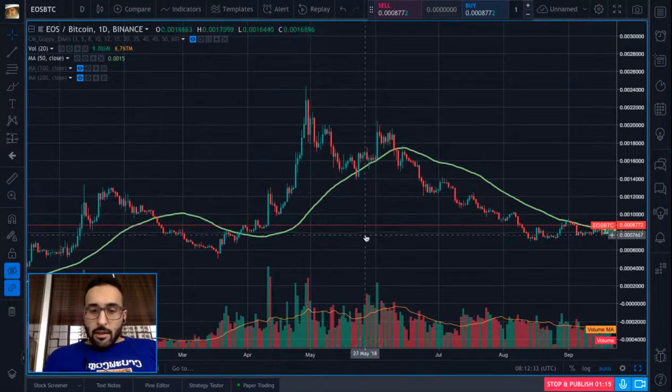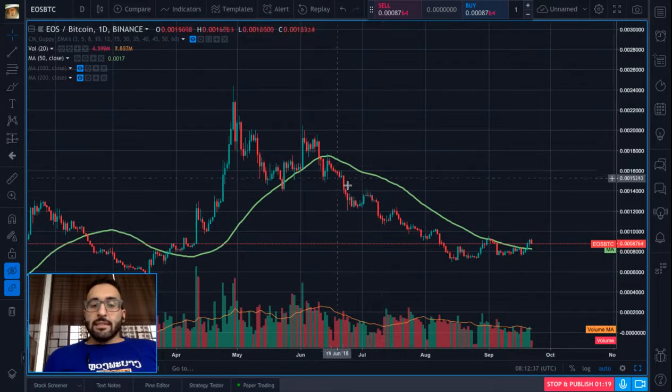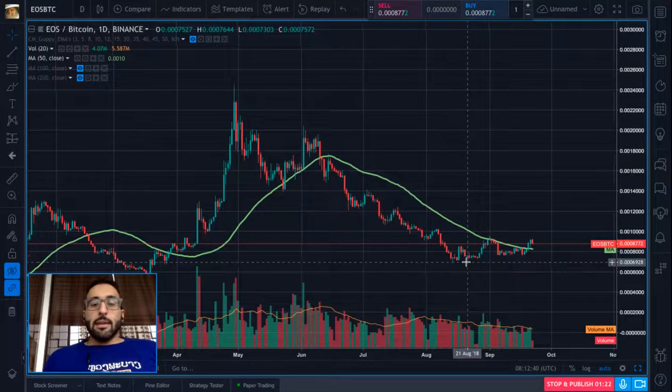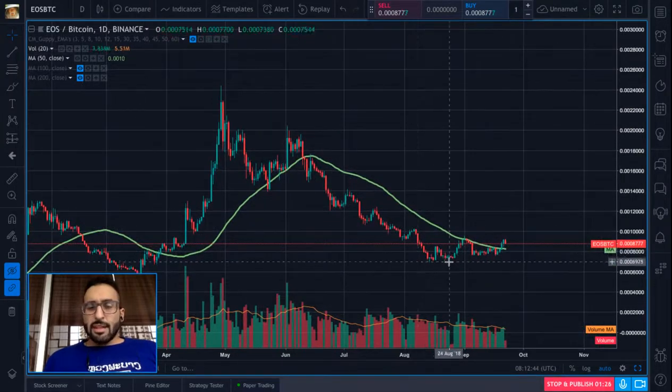What we see here is that it suffered a lot, but it didn't make a new low compared to the previous low. That's always something good. If you're not making new lows, you're good.